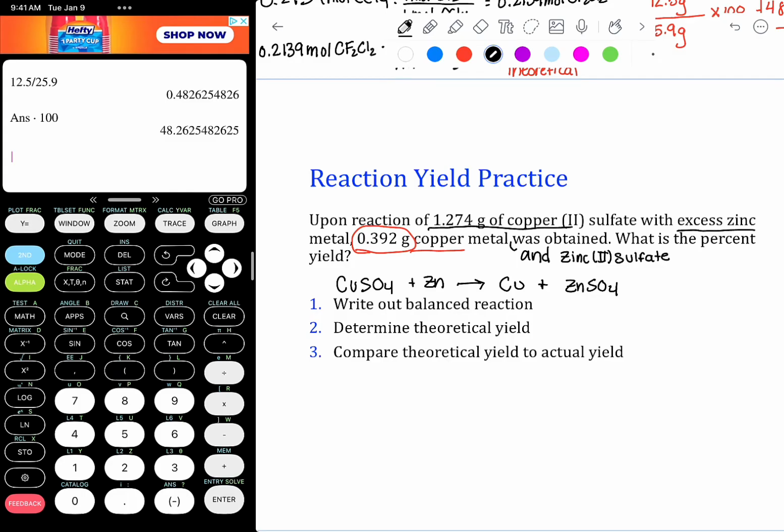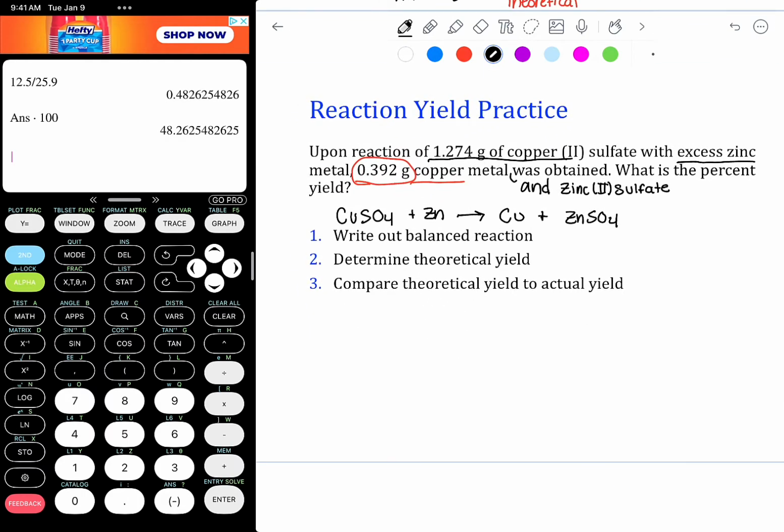So we're going to start this problem off by taking the mass of copper 2 sulfate, that 1.274 grams, and we're going to convert that to moles. So in 1 mole of CuSO4, that has a molar mass of 159.61 grams.